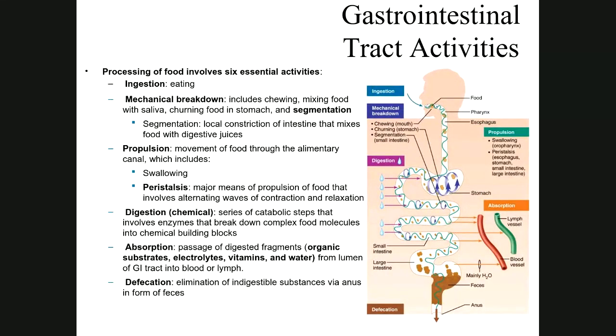Absorption is the passage of the digested fragments. And what are the digested fragments this time? They are organic substrates, electrolytes, vitamins, and water from the lumen of the GI tract into the blood or the lymph.